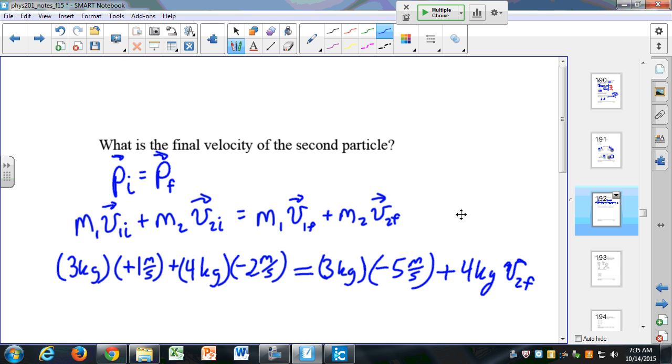Now, you should get a pretty good feel for whether this is going to be in the positive or negative direction. What do you think v2f is, positive or negative?